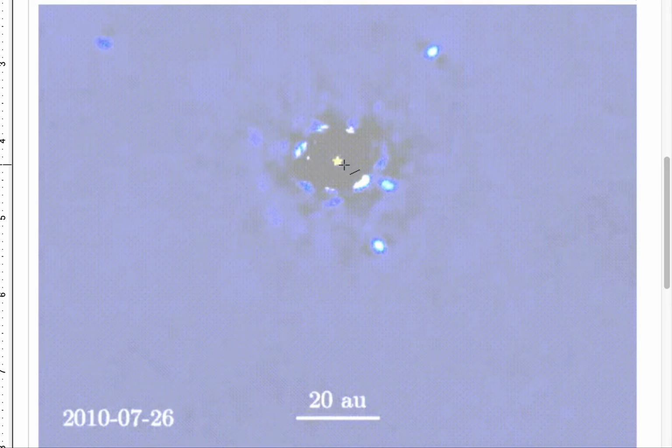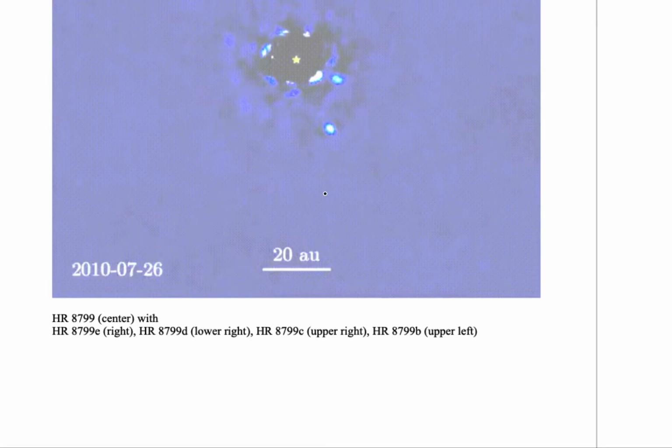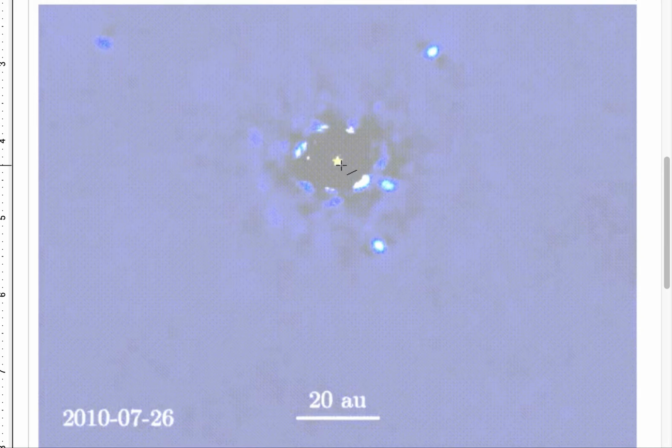Now you may have to look at the lab to figure out which is which, because they have names, these planets. So start with that one. Planet B is this one in the upper left. Alright, so you just want to draw, as best you can, a line from the center of the star to that.